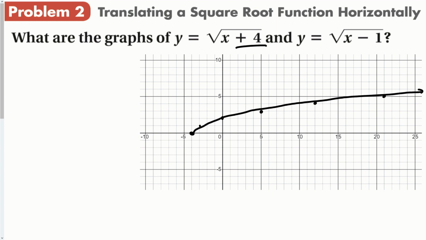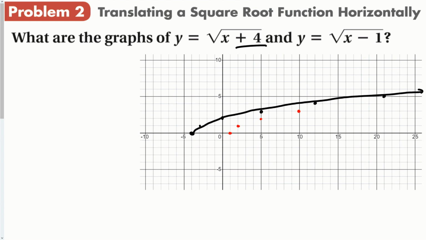So now my starting point is 1 to the right. Again, my next point would be right 1 from the starting point, up 1. Right 1, 2, 3, 4, up 2. Right 1, 2, 3, 4, 5, 6, 7, 8, 9, up 3. Okay, so now we're not shifting down, we're shifting every point of the parent function to the right 1.